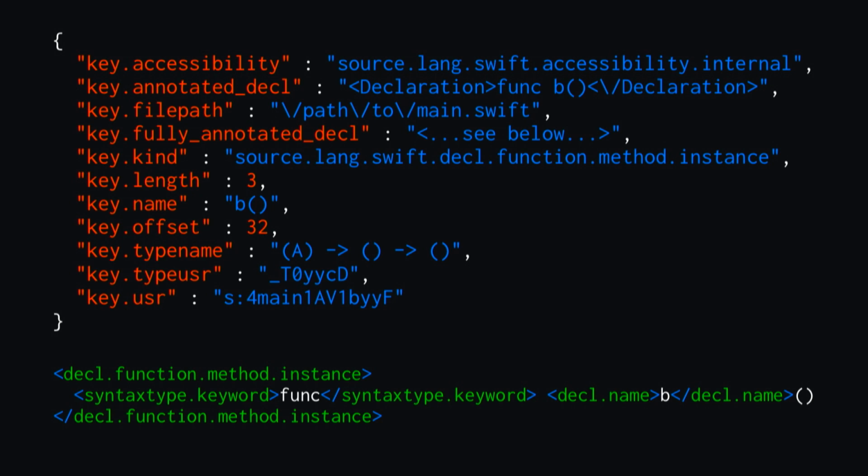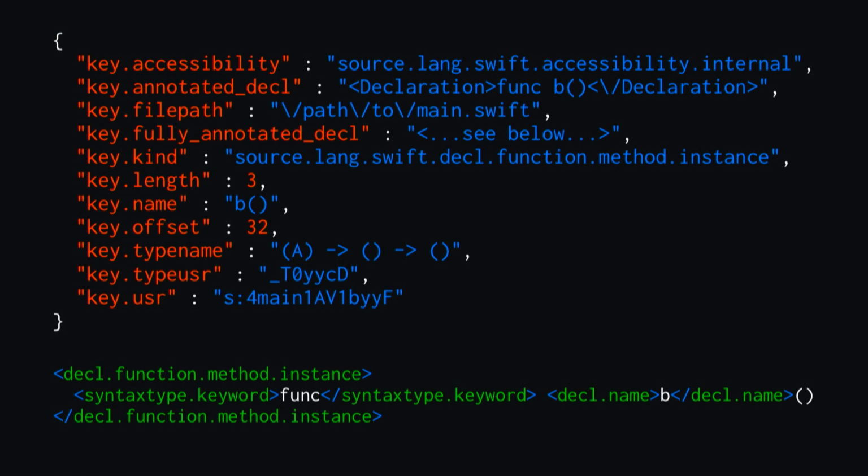You have annotated declarations. So this is a SourceKit response that includes the XML annotated source for what you're inspecting. And right now, this is a very simple function, but if you had parameters or if you had return types, they could infer that for you. So this is useful as well. File path, annotated declaration. Method instance, we already have this.